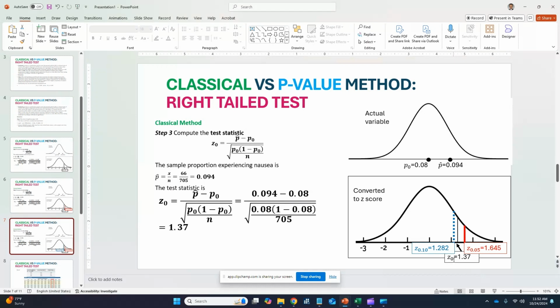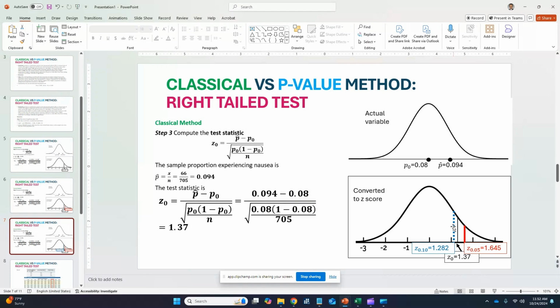When this z naught is bigger than z 0.1, which equals 1.282, that means at the 90% confidence level, p hat is sufficiently away from p0. But at the 95% confidence level, p hat is not sufficiently away from p0.